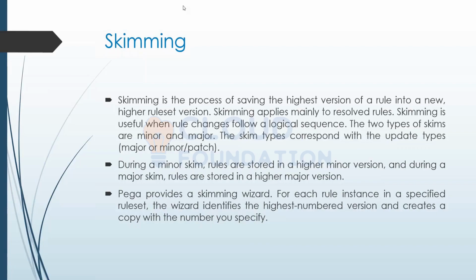The same thing happens with skimming in Pega also. You take the highest layer of the rules and then you move it on to the next highest version of it. Let me show this through an example.